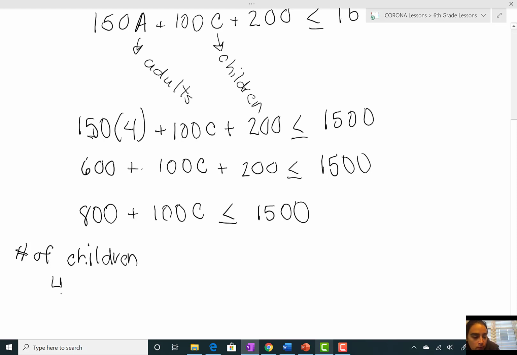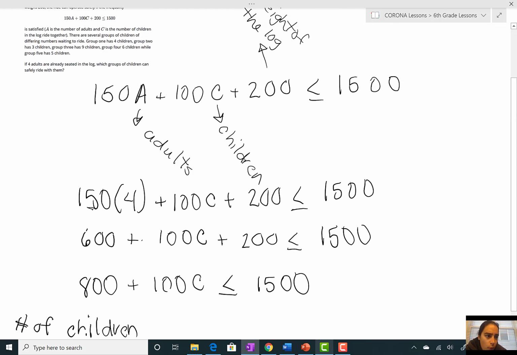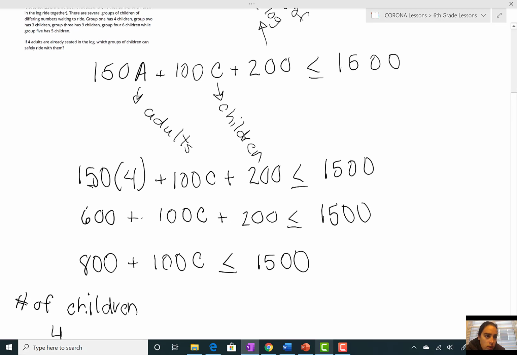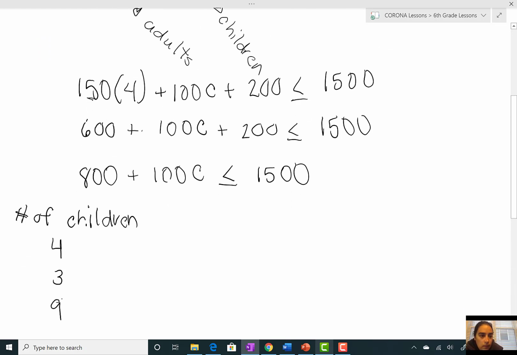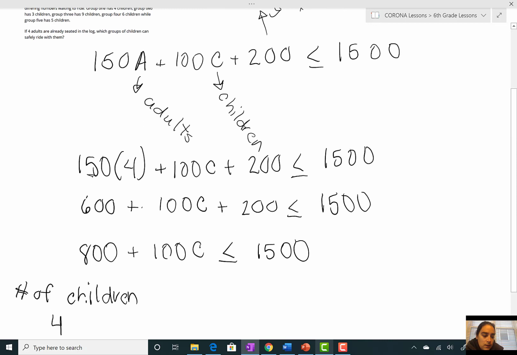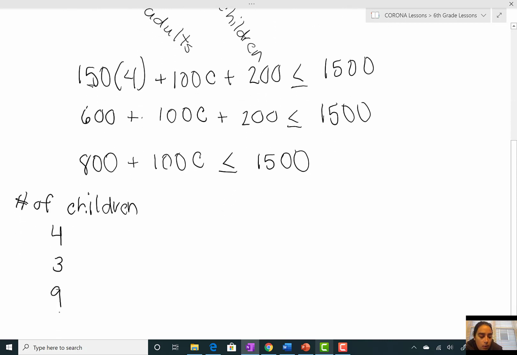Could 4 go? Let's look back up on the problem. We have 4 children, 3 children, 9 children, and 6 children. Remember, the weight has to be less than 1,500 pounds. And this, as I said before, is the weight of the adults now, plus the log.